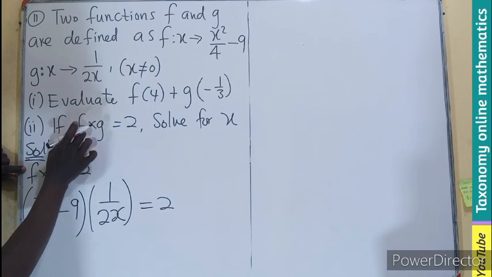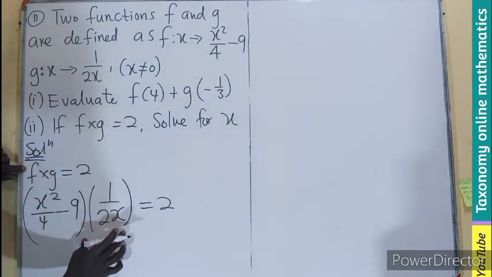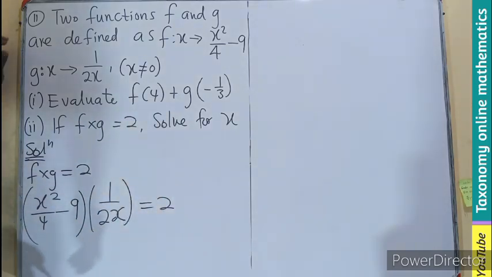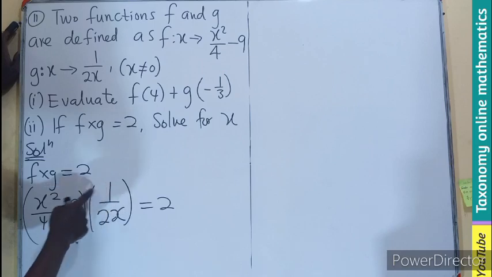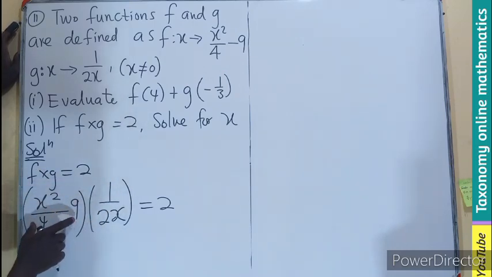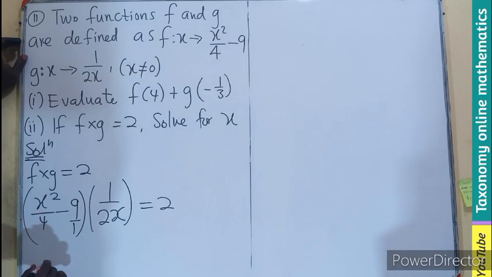Per this, f is here, times g is here, equals 2. So now we can multiply it two ways. We can use the 1 to multiply everything by doing this over 1, or we solve the 1 in the bracket here to become a single fraction, which has 1 as a denominator.